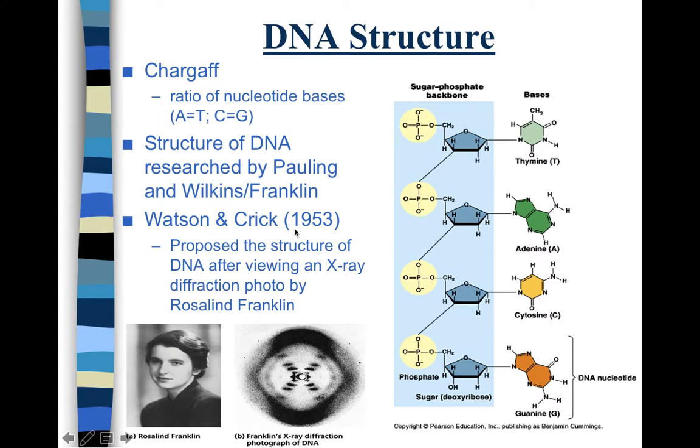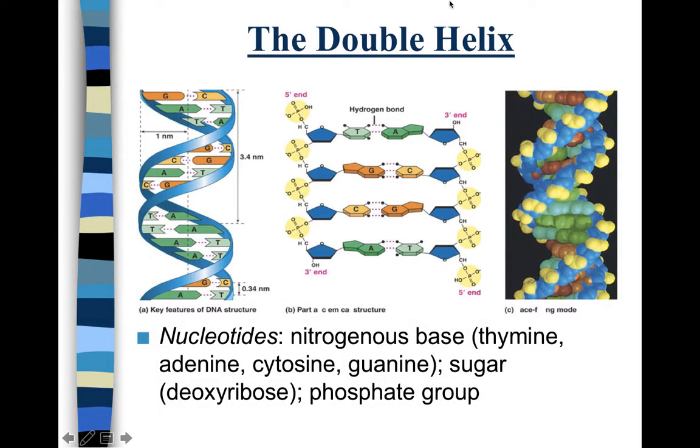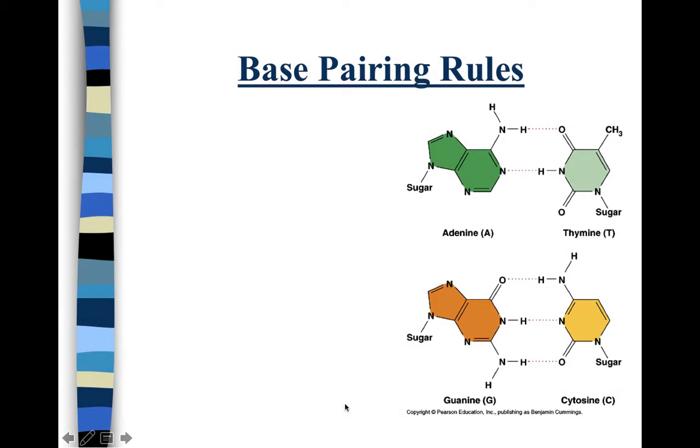Watson and Crick in 1953 proposed the structure of DNA after viewing an X-ray diffraction photo by Rosalind Franklin. The double helix. Nucleotides consist of nitrogenous bases, thymine, adenine, cytosine, and guanine, the sugar deoxyribose, and the phosphate group.